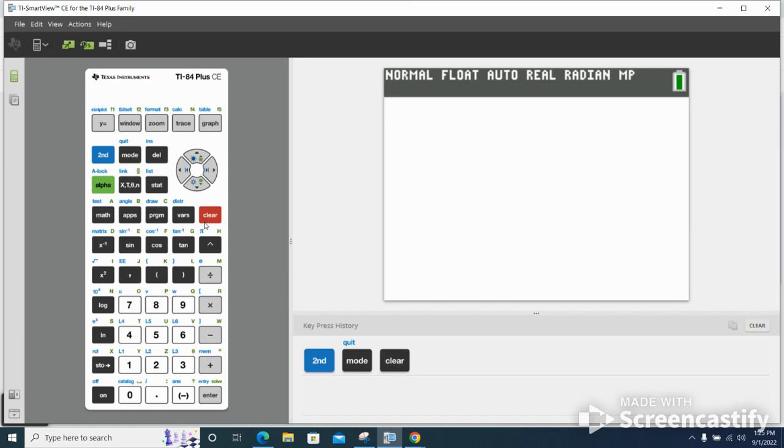Now, when Mr. Adams is teaching you guys, if you're wondering what button did he hit, where did he go, what did he do, the buttons that I hit are always down here in the order that I hit them. So I hit the second button first, then I hit mode, and then I hit clear. Mr. Adams will teach you how to do something on the calculator.